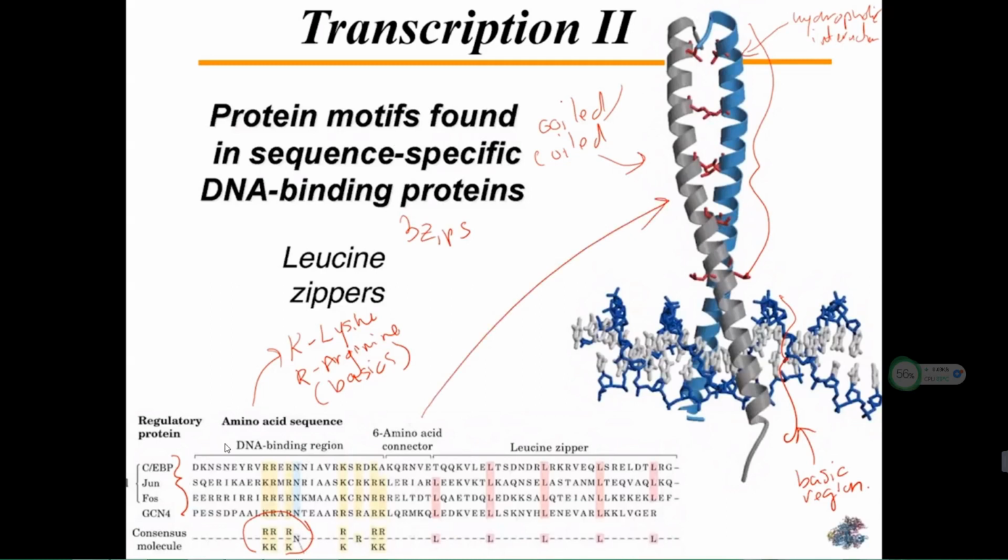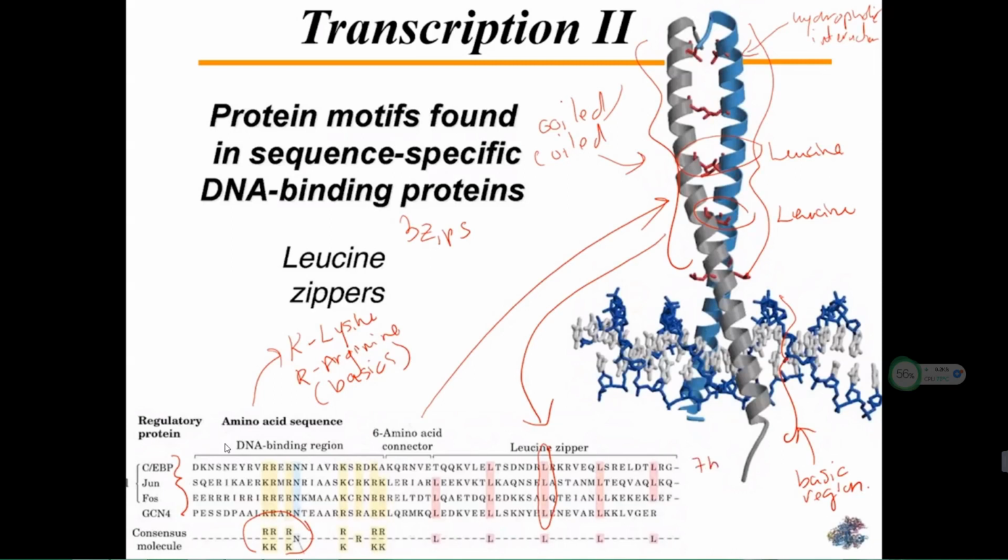It's named leucine because every 7th residue is a leucine. If we look here, we'll have a leucine, and up here is another leucine, and so on. Because leucine is a hydrophobic amino acid, the interactions are hydrophobic for this particular leucine zipper region. So every 7th amino acid is a leucine.